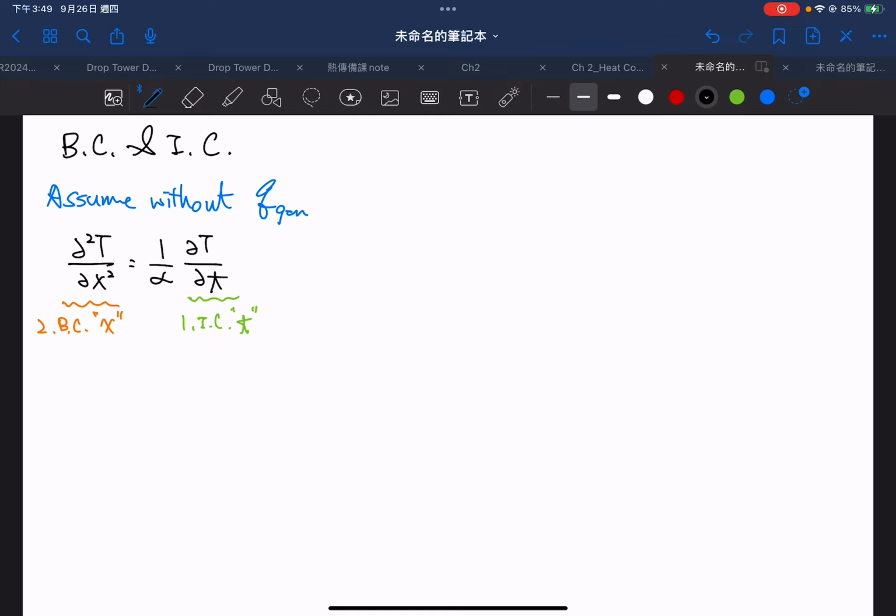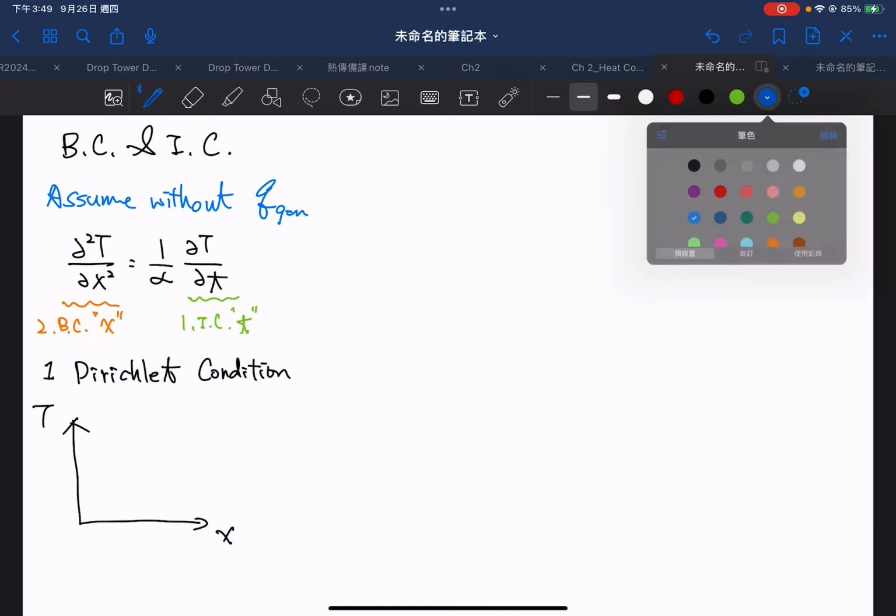The first one we are going to introduce is the Dirichlet condition. So what is the Dirichlet condition? Actually, it's quite easy. Let me draw the axis: this is T, this is x.